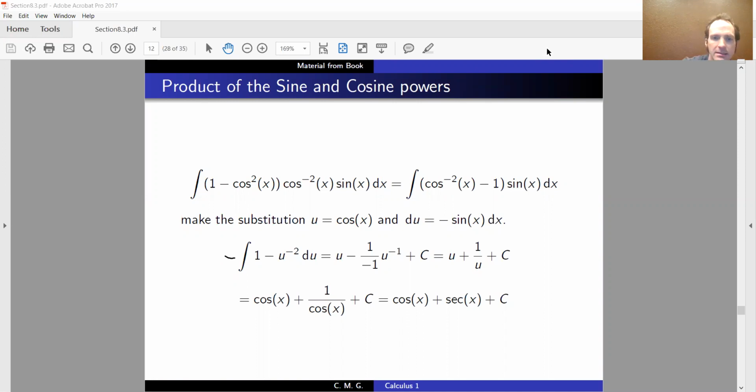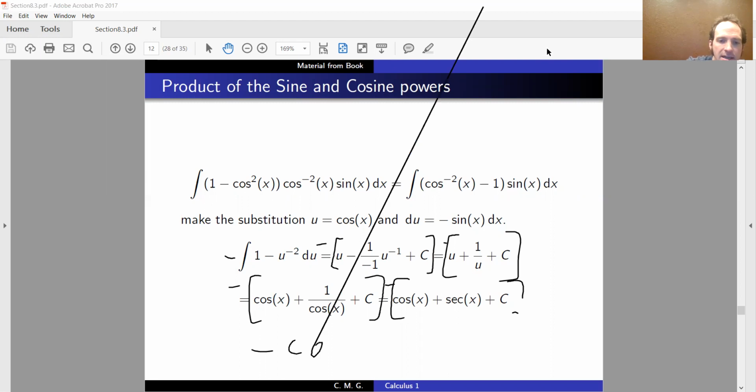So what I will get is again negative u minus negative 1 u to the negative 1, which is just negative u plus 1 over u plus c. Again, this is negative cosine plus 1 over cosine plus c, which is just negative cosine plus secant plus c, which is minus cosine x minus secant x plus constant c.